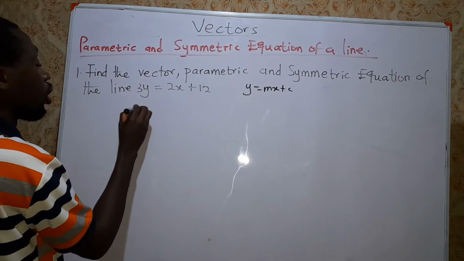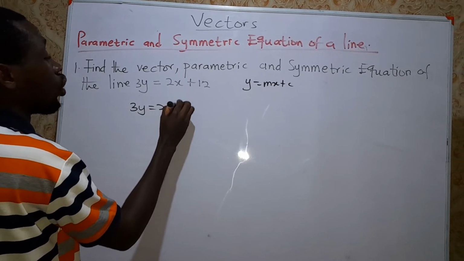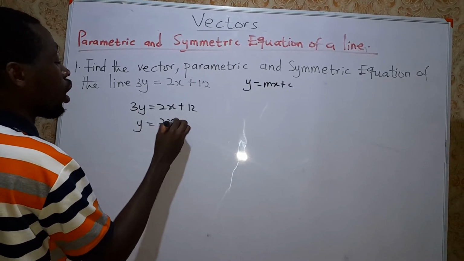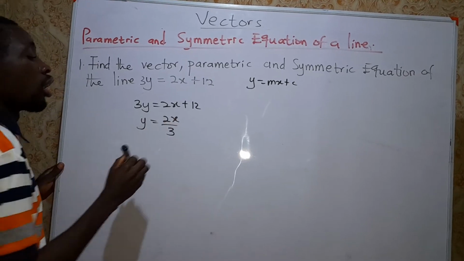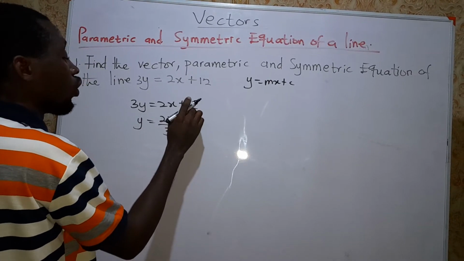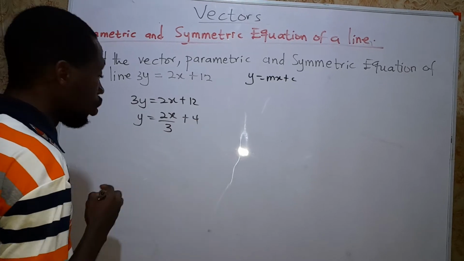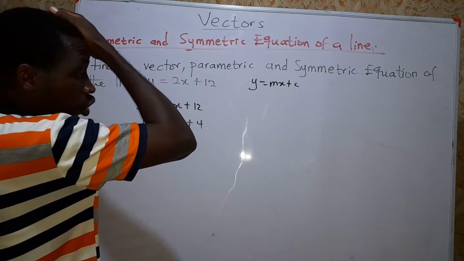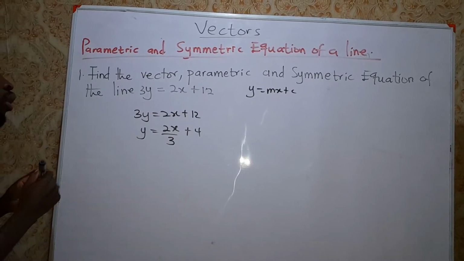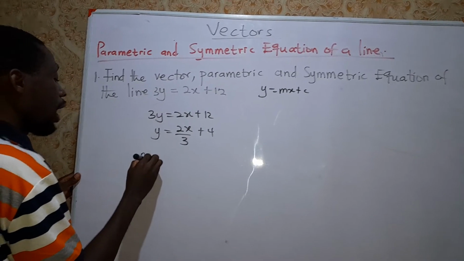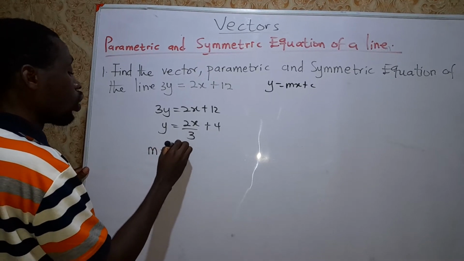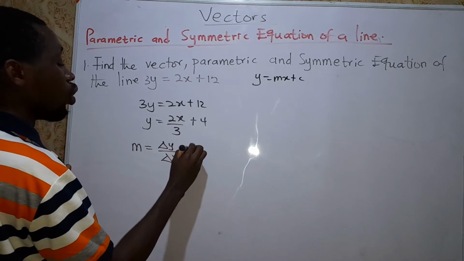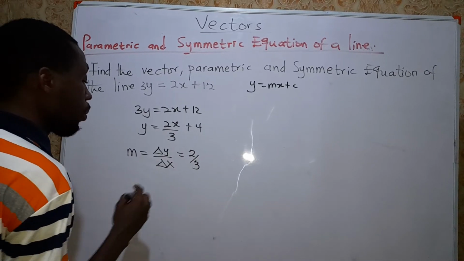So when we do that, 3y equal to 2x plus 12, y will be equal to 2x over 3 plus 12 divided by 3, which is 4, where 2 over 3 is the gradient and 4 is the intercept of the y-axis. So we can say our gradient m, which is equal to the change in y over the change in x, will be equal to 2 over 3.